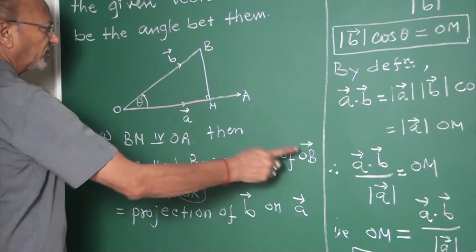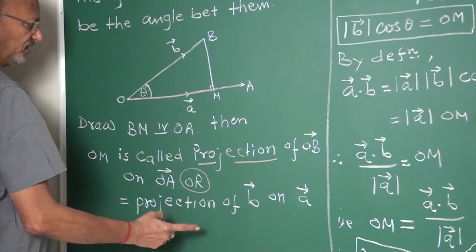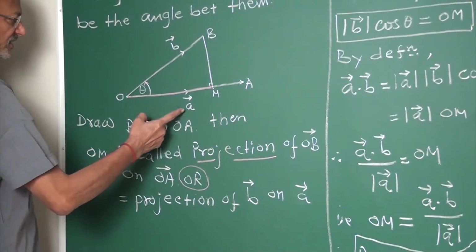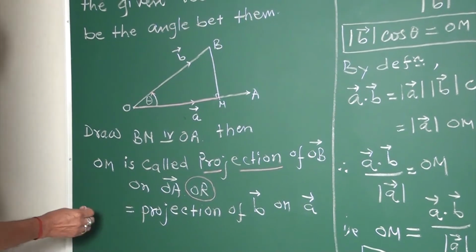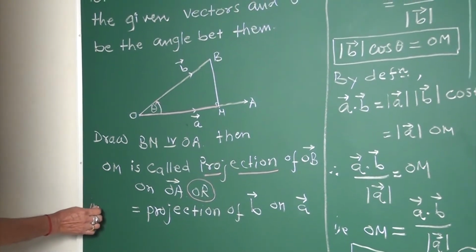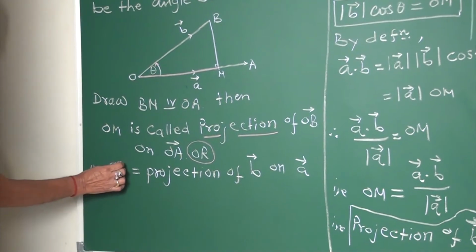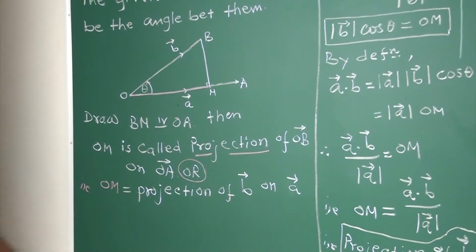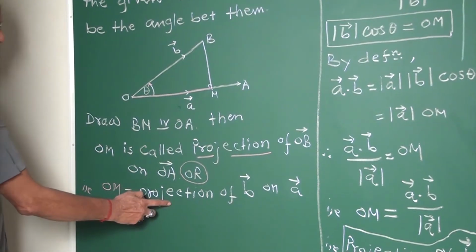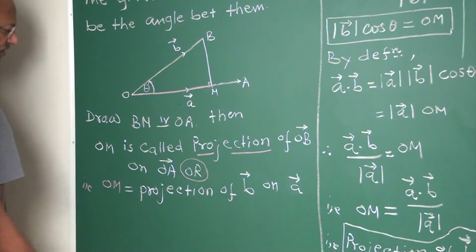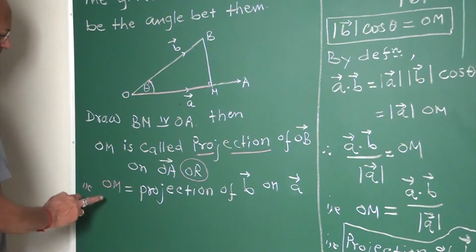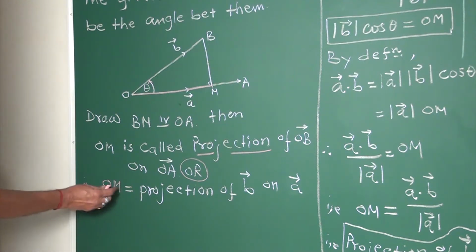What is OB, my friends? OB is B. What is OA? OA is A. Therefore, this OM equals the projection of vector B on A. This is by definition, my friends.